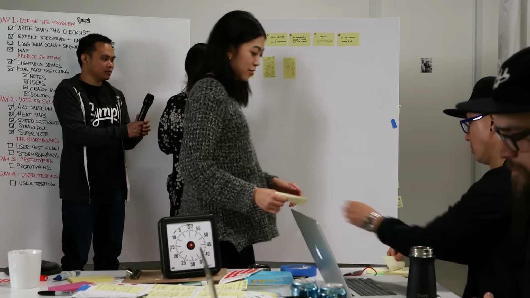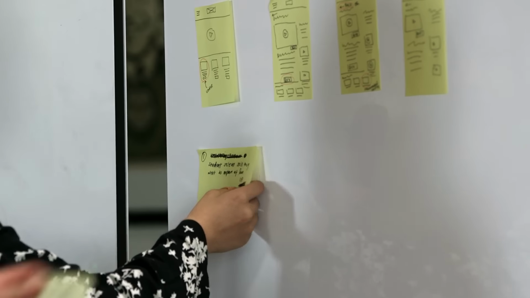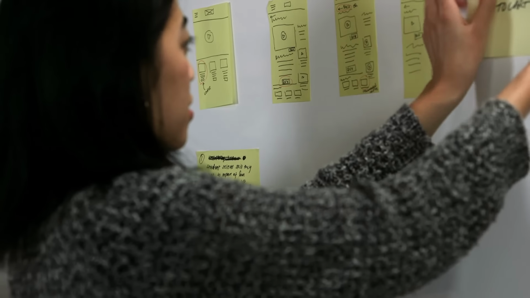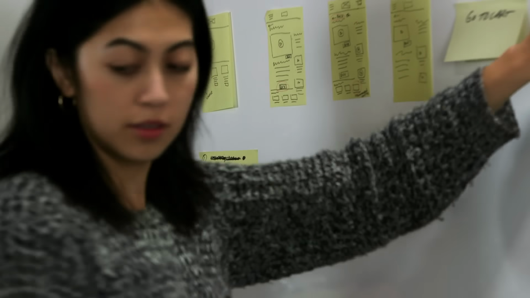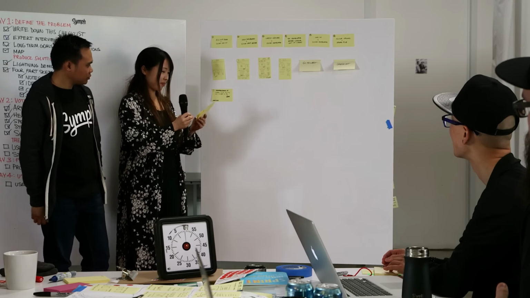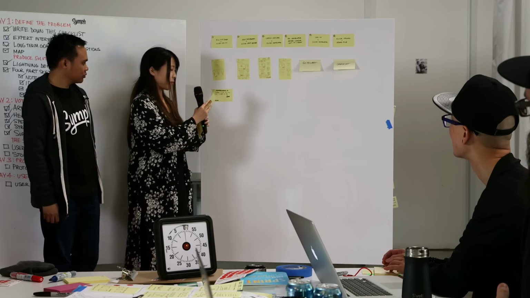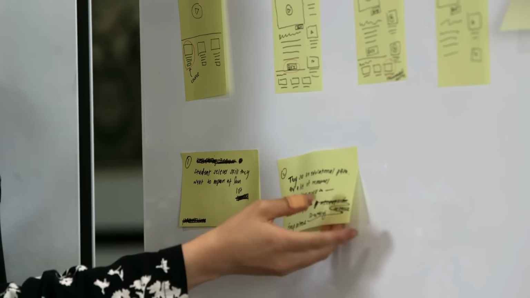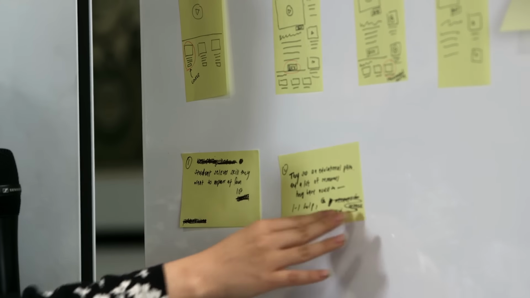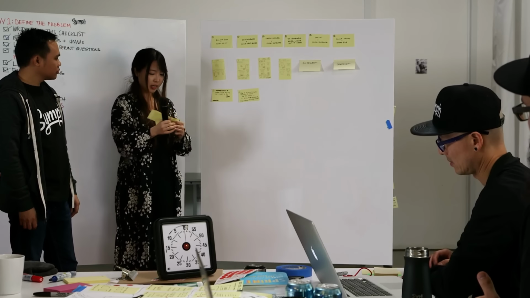So the student selects a skill that they want to improve at from a list. Oh, hold on. So you say it in front of there and then you stick it, all right? And then they see an educational path and a list of resources that they have access to, such as one-on-one help, group critique.